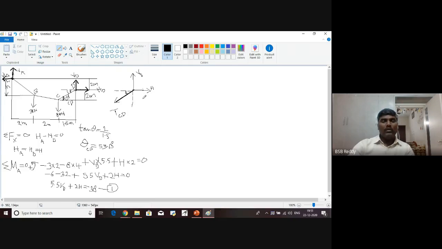Now, if you apply two equilibrium equations here, what happens? Sigma Fx equals 0. So what is this one? It is the horizontal component of this one, TCD cos theta.